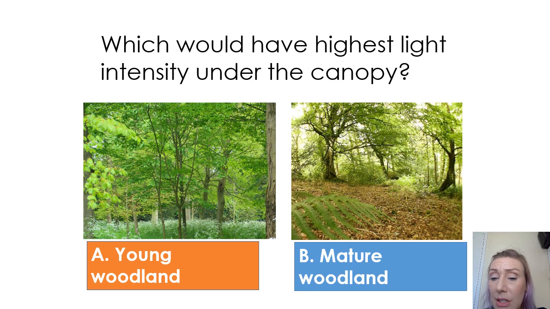Some of these shade tolerant plants that you find in mature woodlands growing below the canopy have special adaptations, so they can absorb the other wavelengths of light that the tree leaves aren't absorbing. They can still carry on photosynthesis even though there isn't a great deal of red or blue light passing through the canopy to the woodland floor.